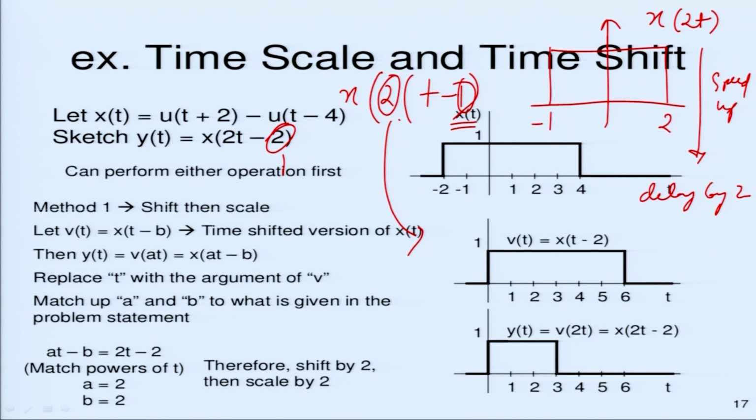It shifts toward the right, it becomes 0 to 3. Again, both outputs are the same. Either you delay first or scale first, in both cases the output remains the same.